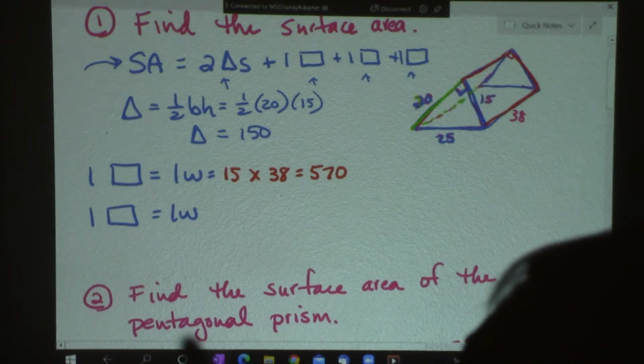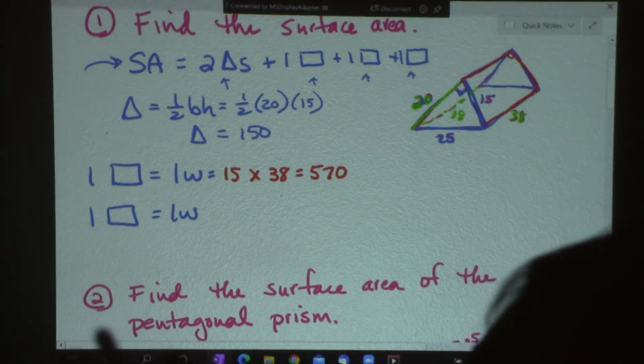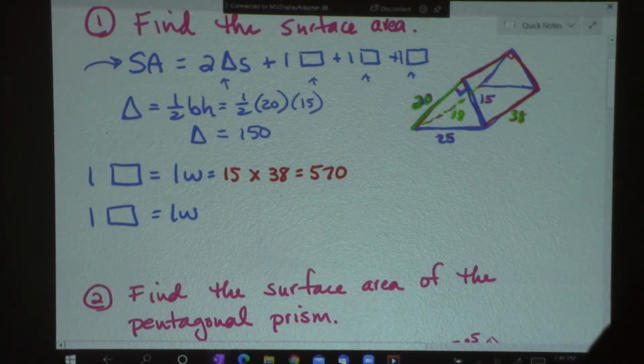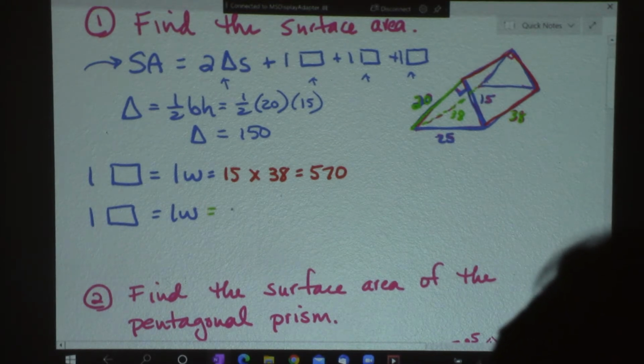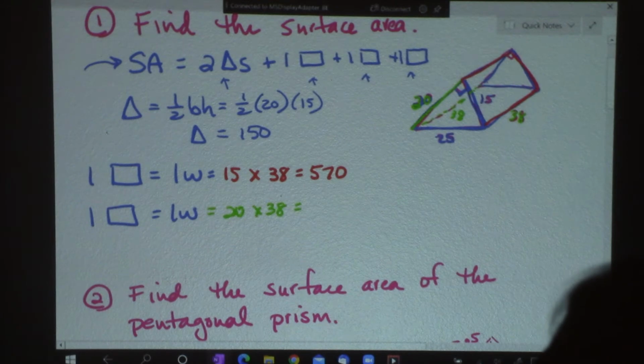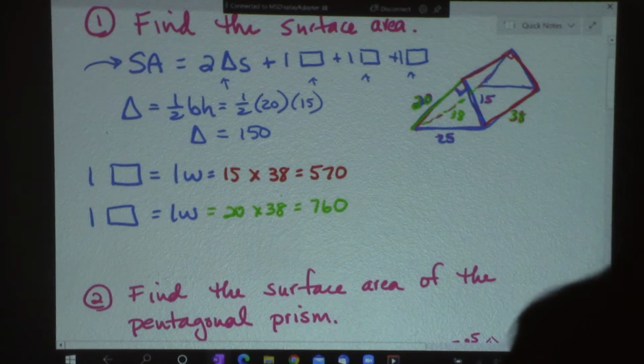So this is 20. And over here, this side is 38. So by definition of a rectangle, this side has to be 38. So I hope you can read that. It's going to end up being 20 times 38. And for that one, I get 760.